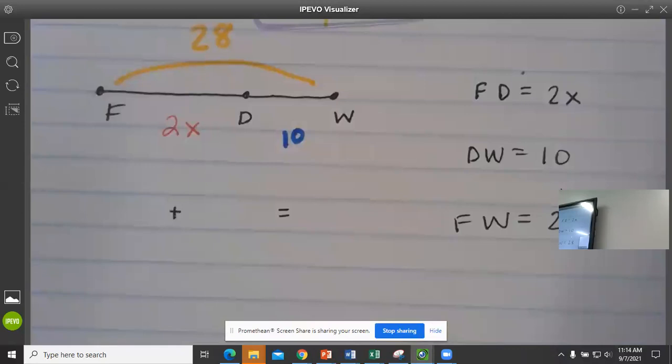Good, the equation's good, the equation's good, the equation's good.